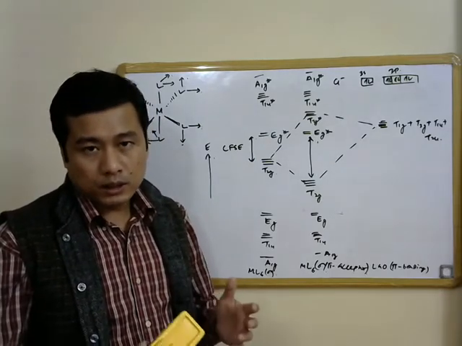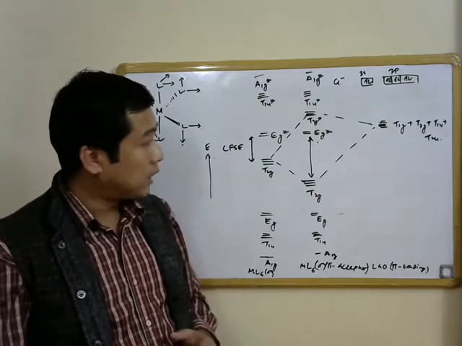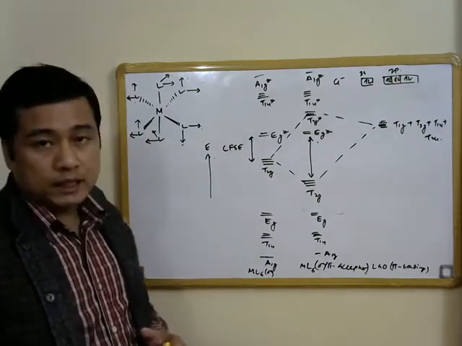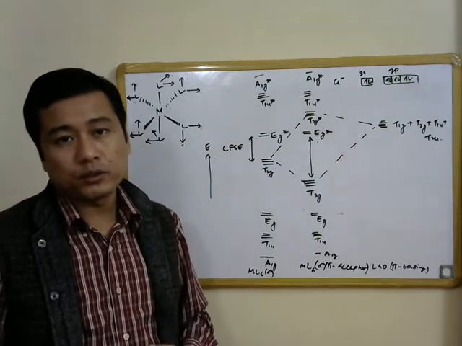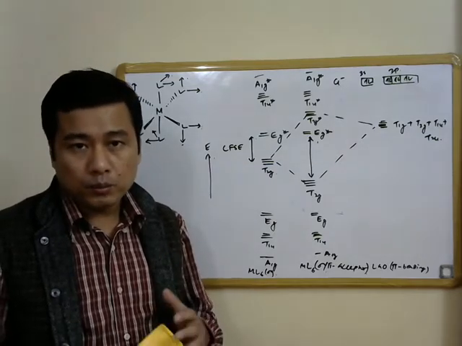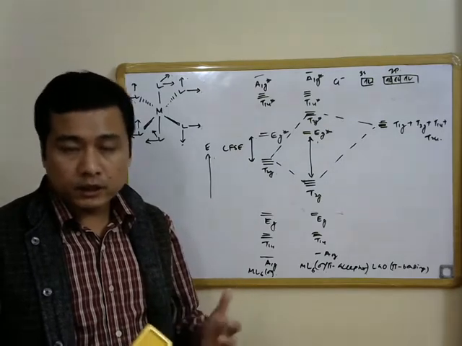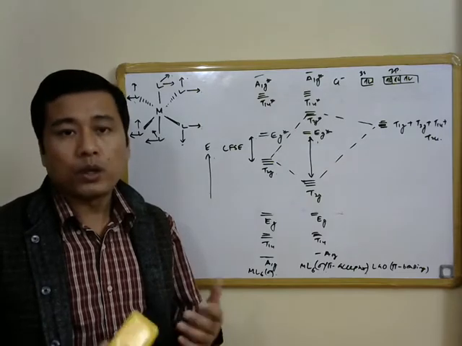So this brings us to the end of this lecture. What we have learned during this lecture is how we can find out the symmetry of ligand group orbitals, and this exercise we can do for molecules of any point group or of any symmetry.